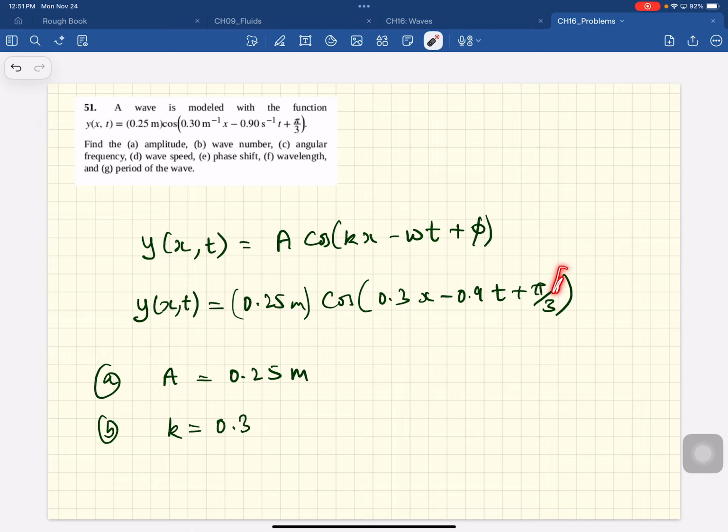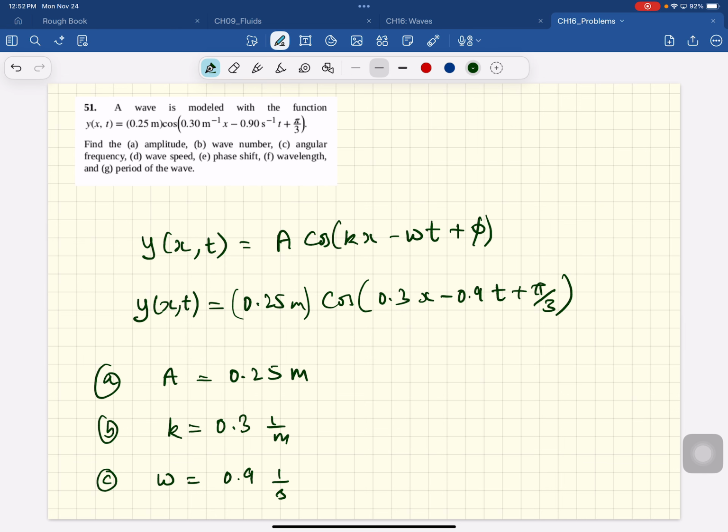And this is in radians, which is dimensionless. So wave number is 1 over meters. Angular frequency omega is 0.9 radians per second. We write it as radians per second, except that radians is just a label.